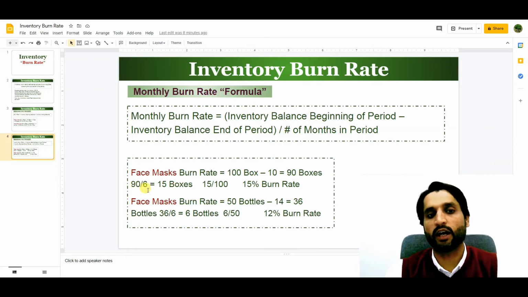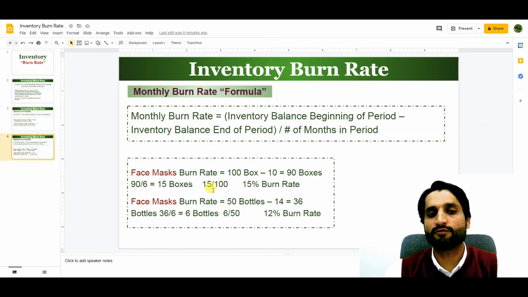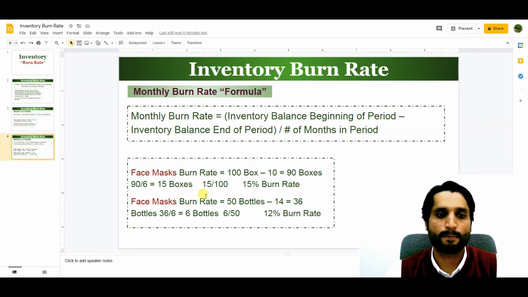So 90 divided by 6, from June to December, these are 6 months of consumption, is equal to 15 boxes per month we are using. So 15 divided by 100, 15% will be our burn rate of face masks as monthly burn rate.